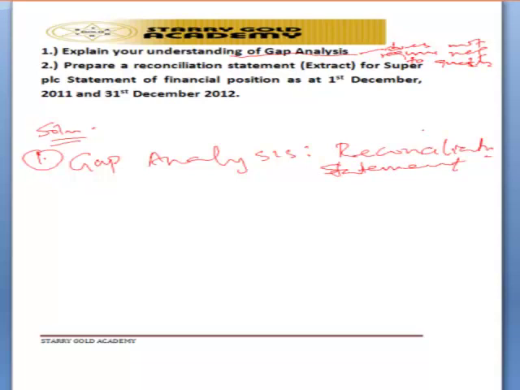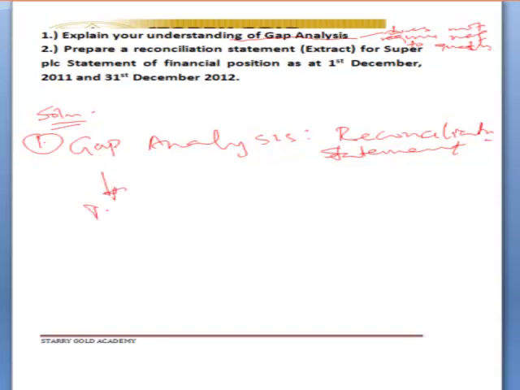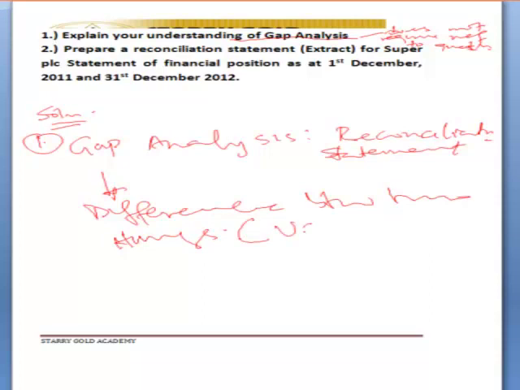For example, in our learning of management, we're able to describe a gap analysis as a difference, something that is a difference between two things. It is actually what we call a variation. So that is a literal definition: a variation in two.